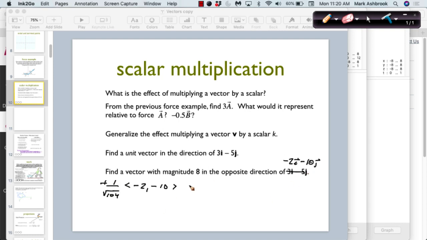And now if I want it to have magnitude 8 in the opposite direction, that's the easy part. The hard part is just remembering to start with the unit vector. Once you have the unit vector, it's like, oh, now this is easy. I want magnitude 8. What do I do? If I want the opposite direction, negative 8. So I'm going to do negative 8 times that thing.